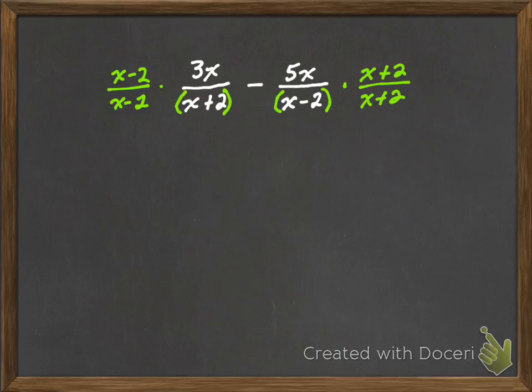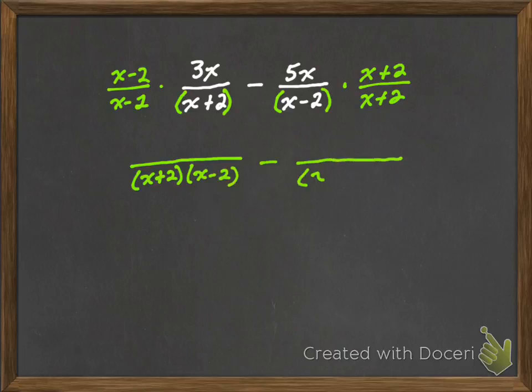All right, so putting this together, the first fraction is going to be over x plus 2 times x minus 2. And so is the other fraction, x plus 2, x minus 2. We now have that common denominator here.